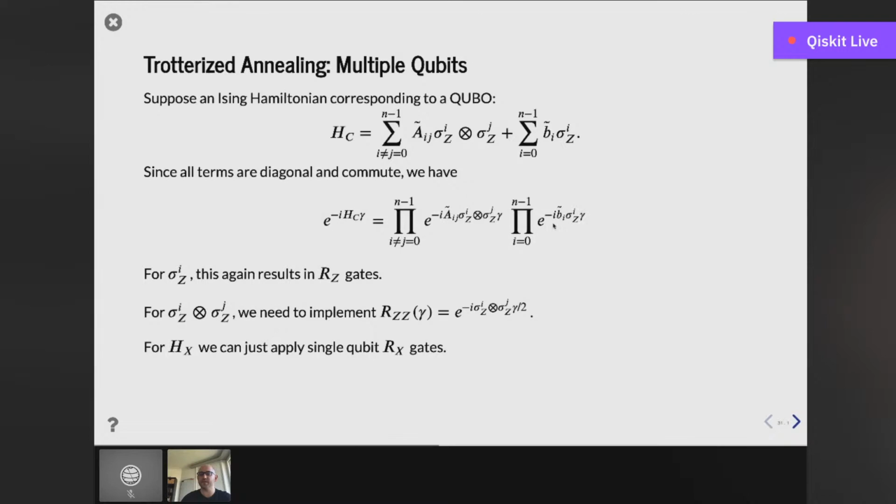These are just RZ rotations again, and here we have this sigma z times sigma z rotation gate. And for this we need to implement this RZZ gate, and I'll get back to that in a second. The H_X terms are again just single qubit RX rotations, because those are the single qubit gates as we've seen earlier.